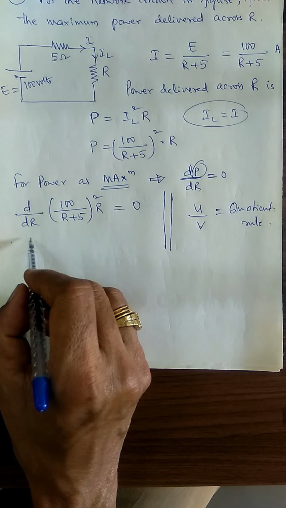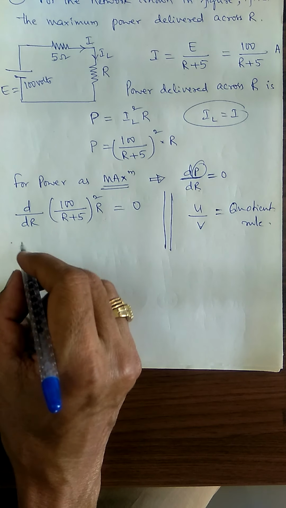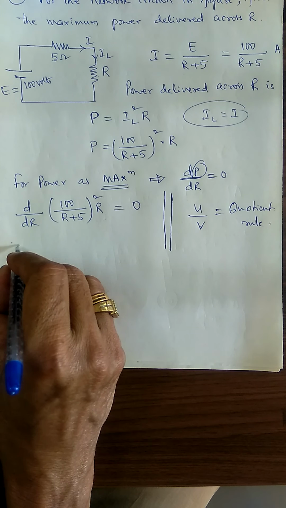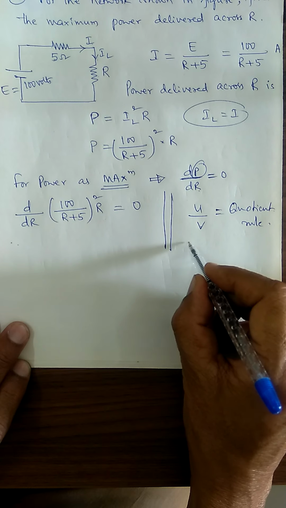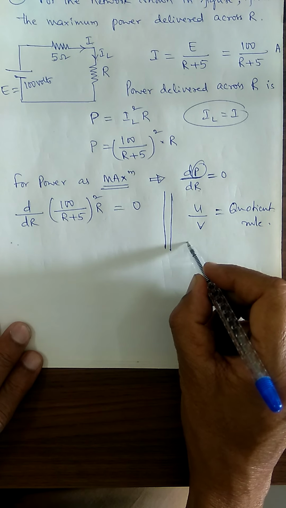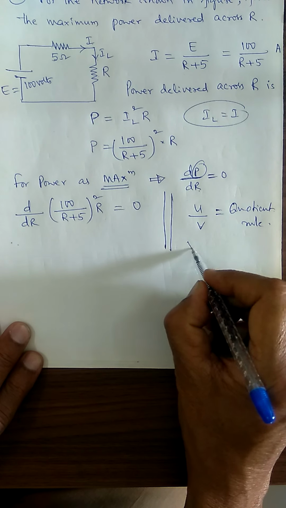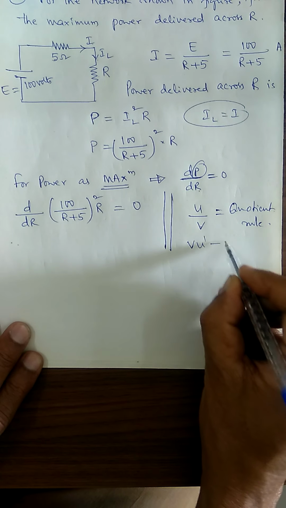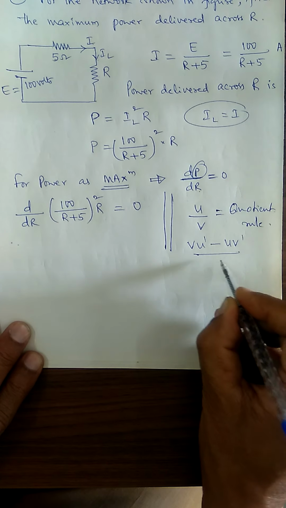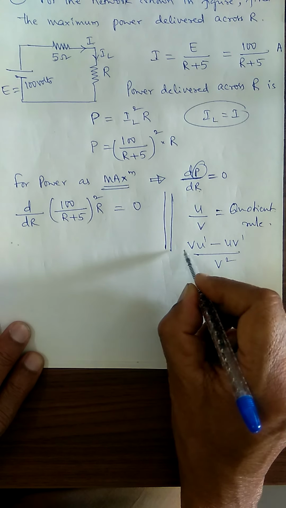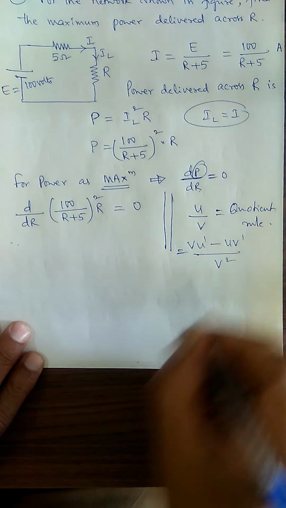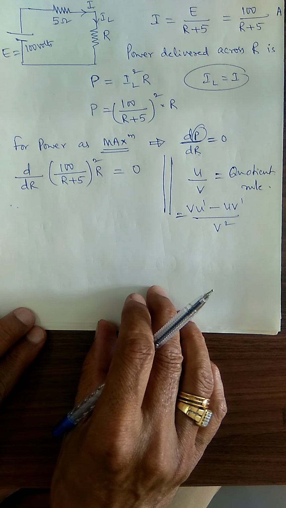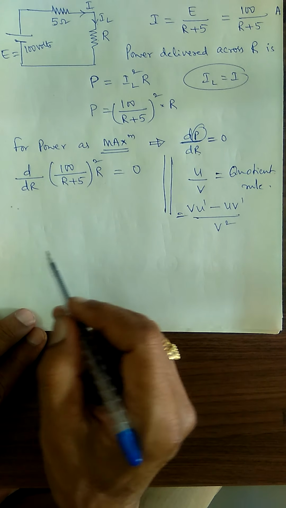Therefore, here 100 square, V into U dash minus U into V dash divided by V square. This is the formula for the differentiation. Let us apply that idea here.